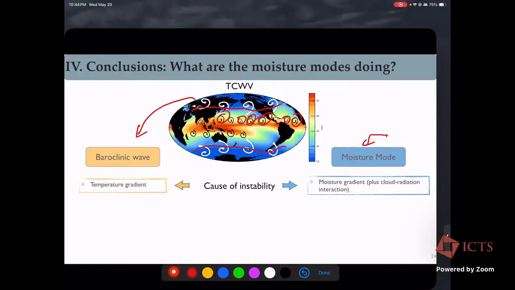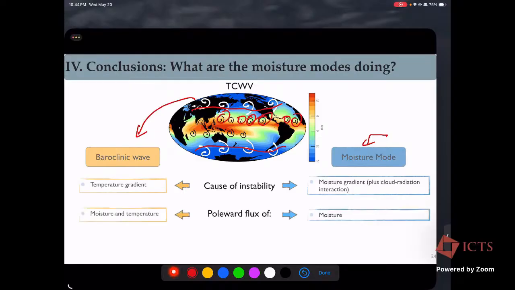these kinds of disturbances. We also mentioned that the main function of baroclinic waves in the mid-latitudes is to transport moisture and temperature from the lower latitudes to the higher latitudes. And the same happens with our moisture modes. Our moisture modes are exporting moisture from this region of high moisture content to the higher latitudes.